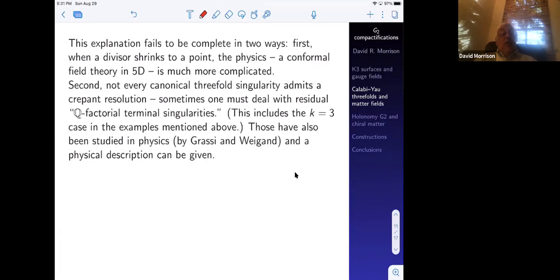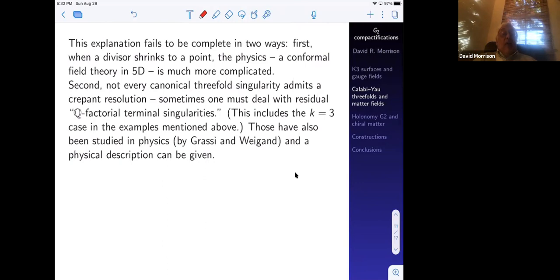Point number 2, not every canonical threefold singularity, which is a notion in algebraic geometry, admits what's called a crepant resolution. Crepant resolution means a resolution that does not disturb the triviality of the canonical bundle. So to be a Calabi-Yau threefold and a singular Calabi-Yau threefold, I should have some analog of my holomorphic three forms, which essentially would be given by holomorphic three forms on the non-singular part.